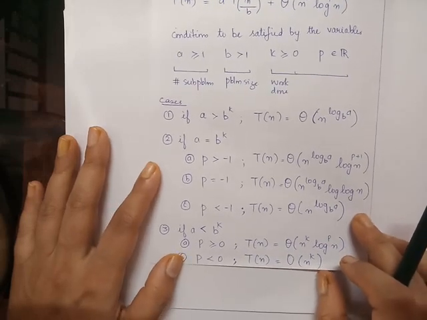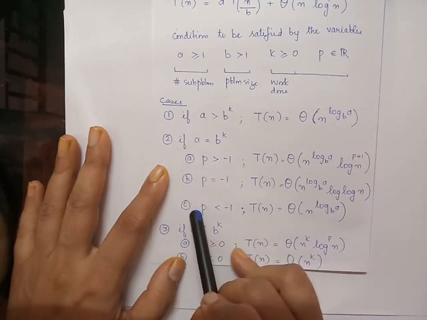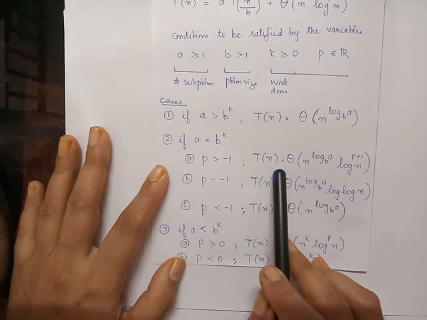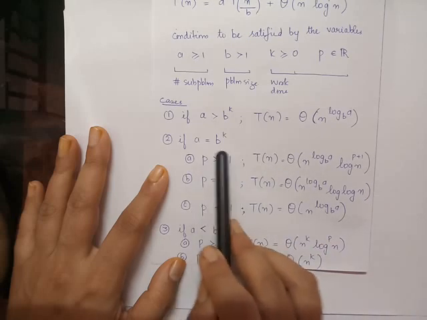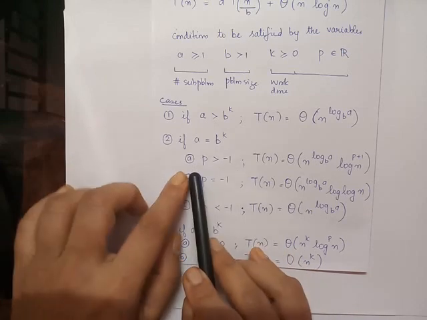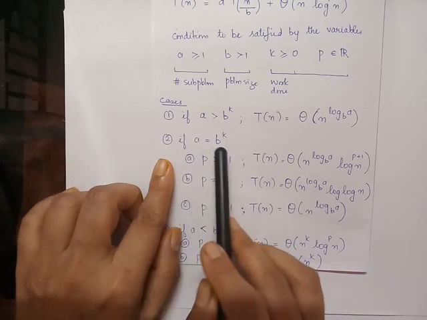Now if a is equal to b raised to k, then there are three subcases where T(n) is defined based on the value of p. For all three subcases, a is equal to b raised to k.